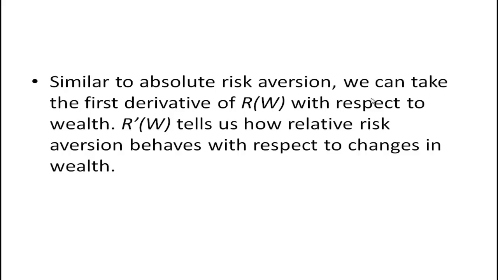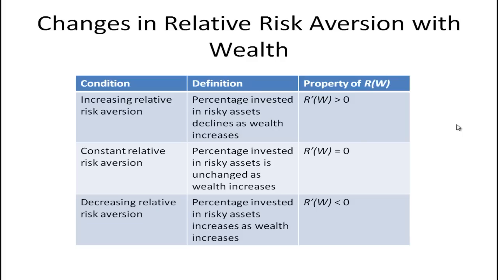We'll, again, take the first derivative to see how relative risk aversion behaves with respect to changes in wealth. If we look at this table, if the first derivative is greater than 0, you have increasing relative risk aversion. This is the case where the percentage invested in risky assets declines as wealth increases.